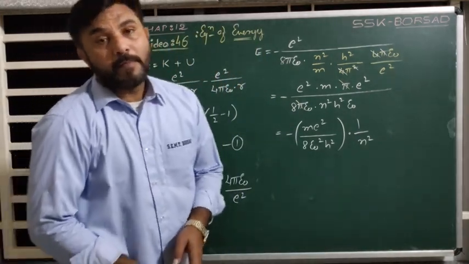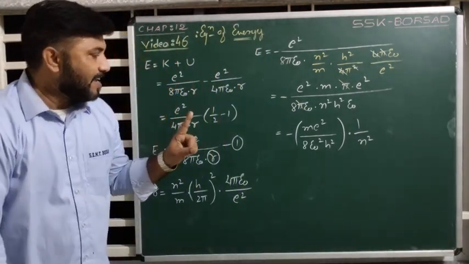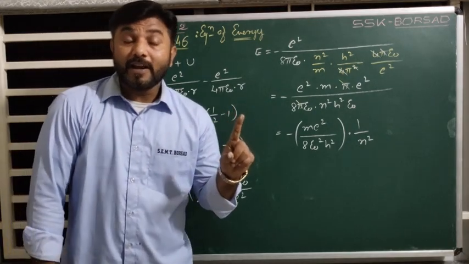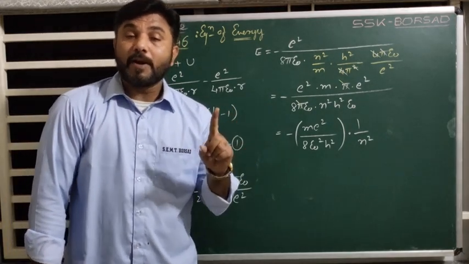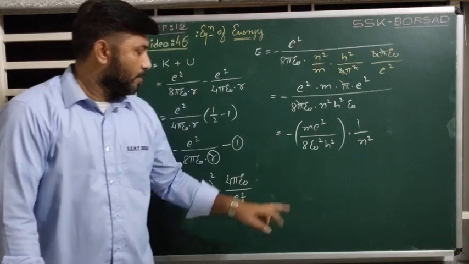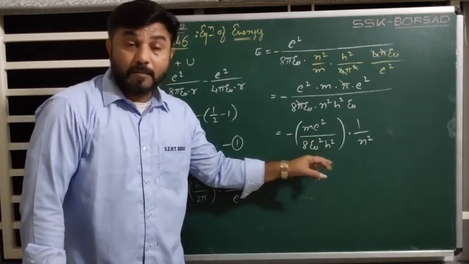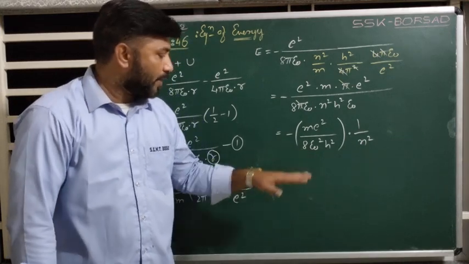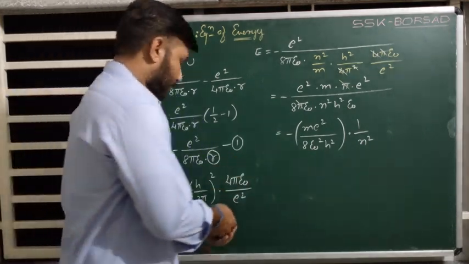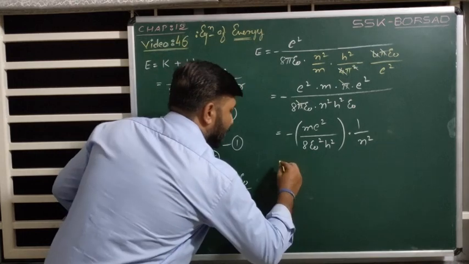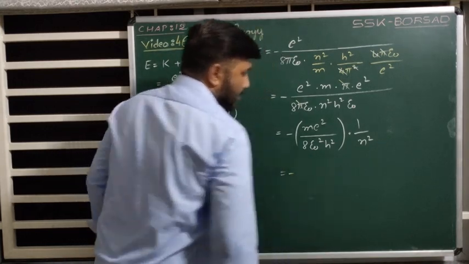What is m? Mass of the electron. e is the charge of the electron, that is 1.6 multiplied by 10 raised to minus 19, and put the values of epsilon 0 and Planck's constant h.